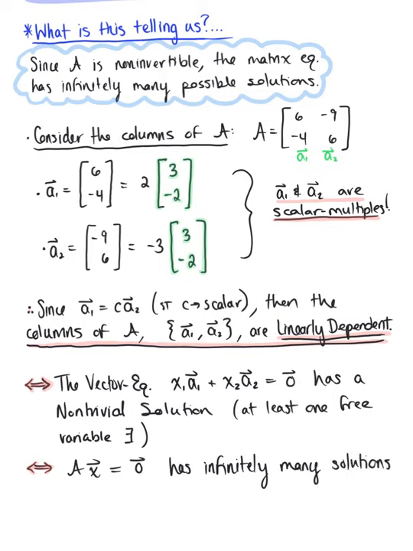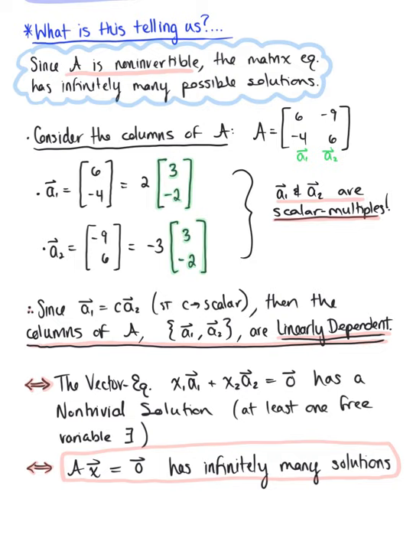We're using the definitions that we've already established for systems of linear equations to help us better understand what a non-invertible matrix means. What is it telling us? So if matrix A is non-invertible, we know that the matrix equation will have infinitely many possible solutions, and that the columns of matrix A are linearly dependent.